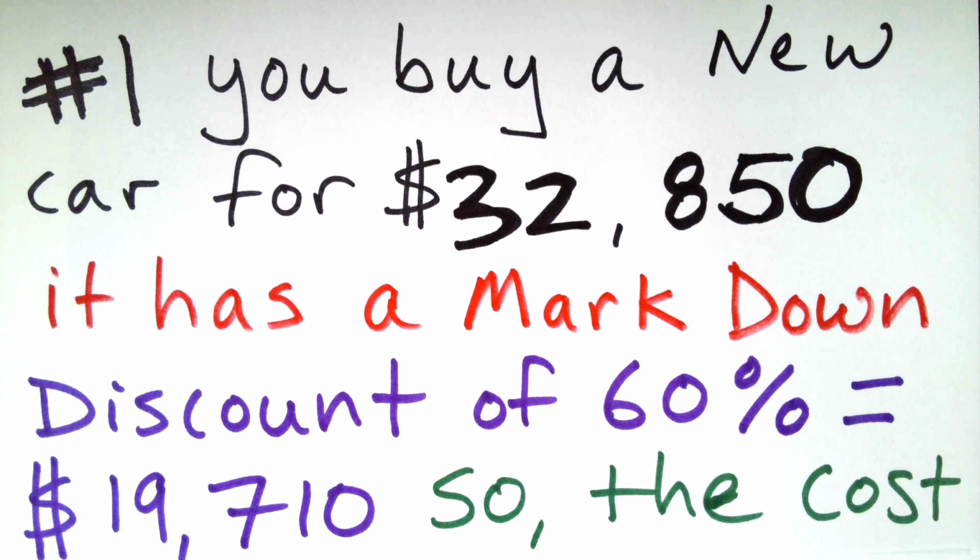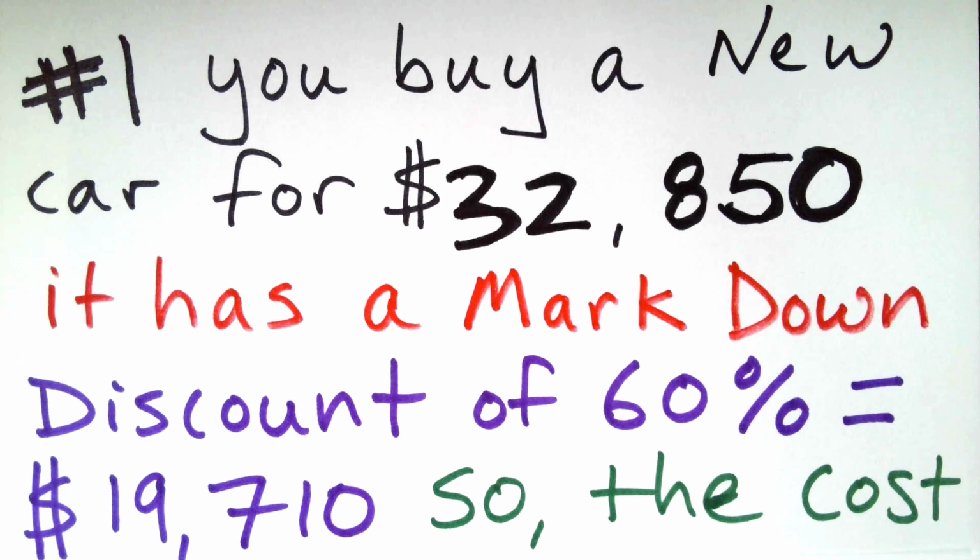Okay, so you bought a new car for $32,850. It has a marked down discount of 60%, which was equal to $19,710. This was what we had found in example number 2 of the markdown videos, part 50.